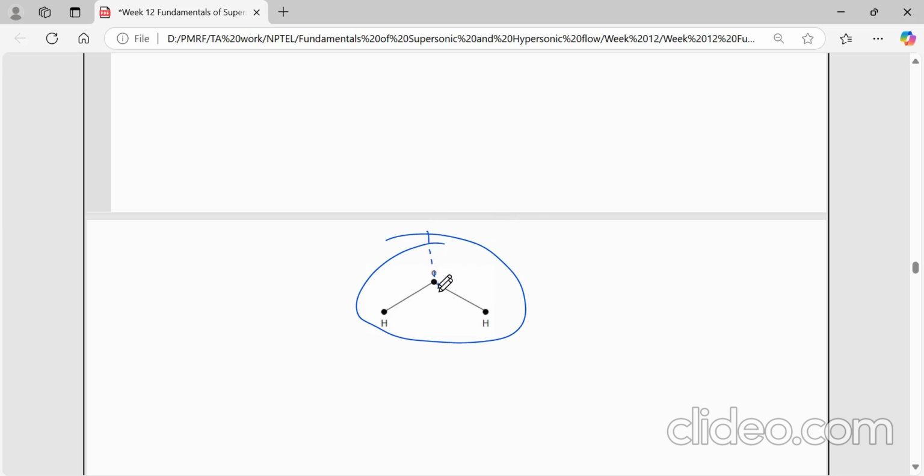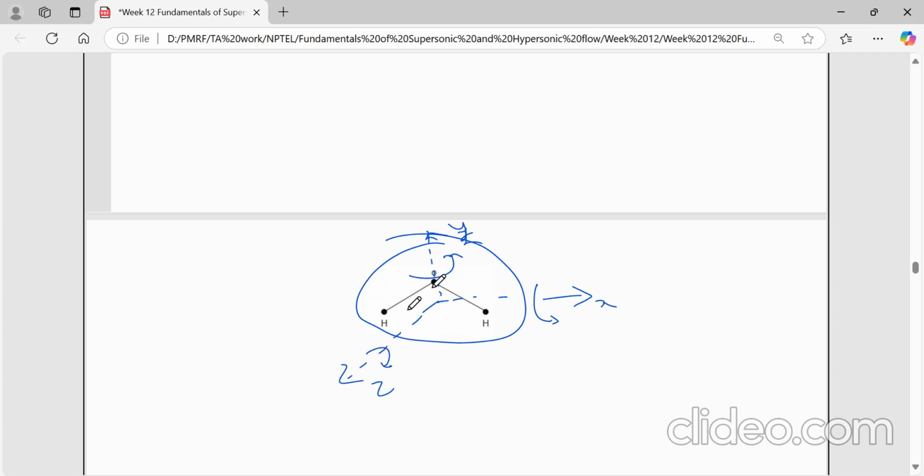Now if you draw a coordinate system here, then this molecule can rotate about this y-axis like this, the x-axis like this, and the z-axis like this.